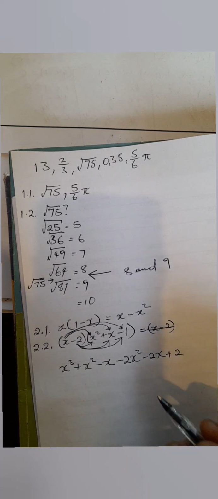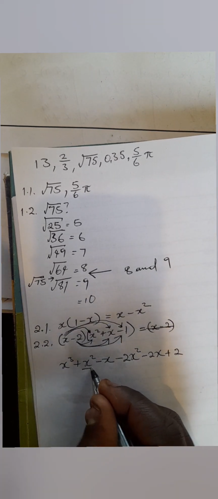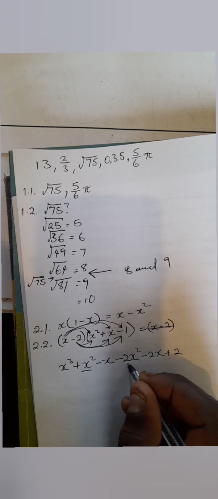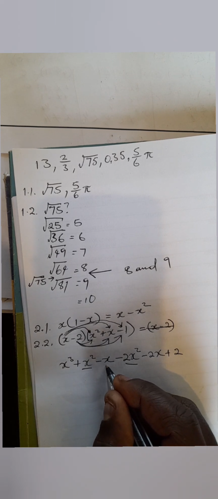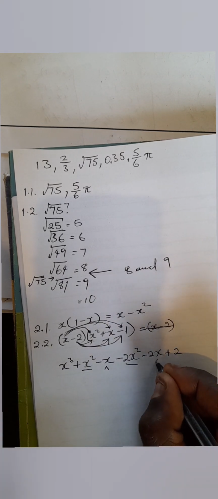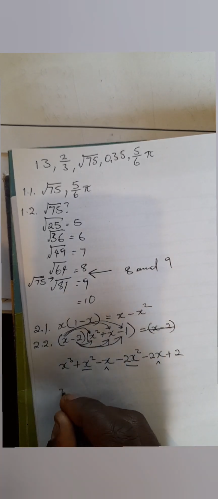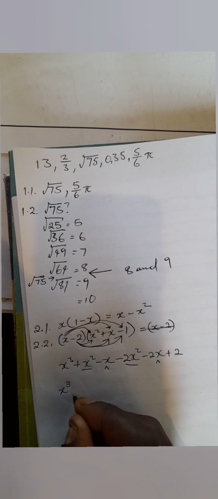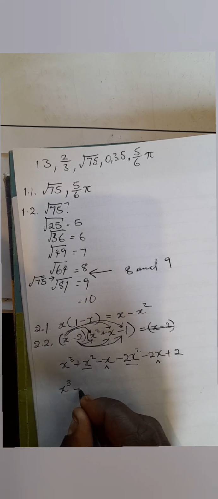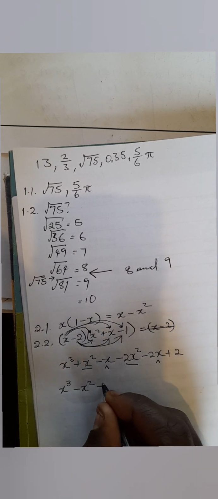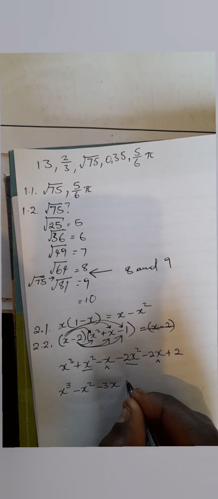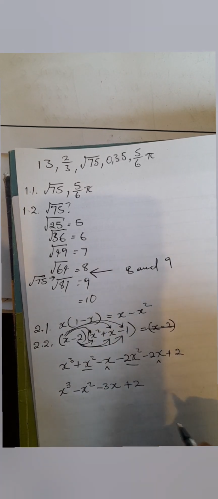Group the like terms, this and that, and also this and that. So you have x cubed minus x squared minus 3x plus 2.